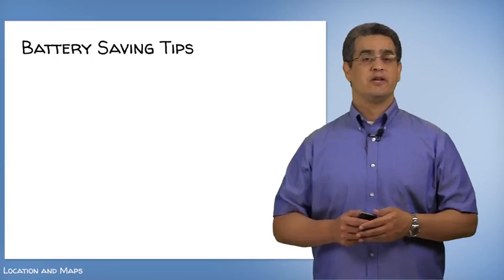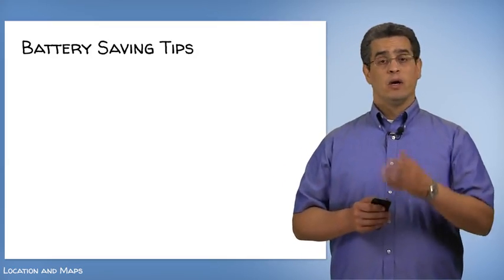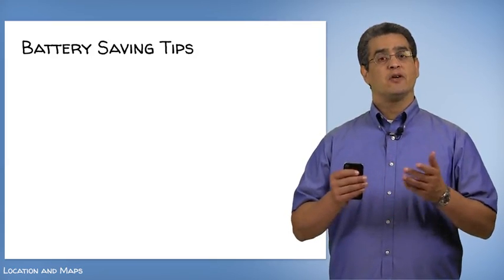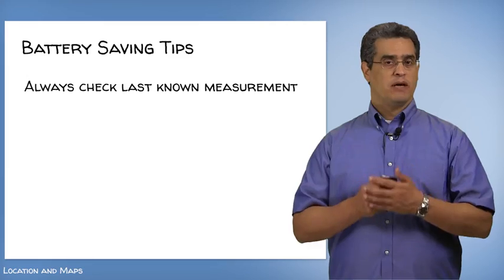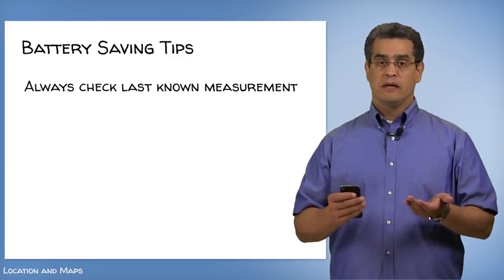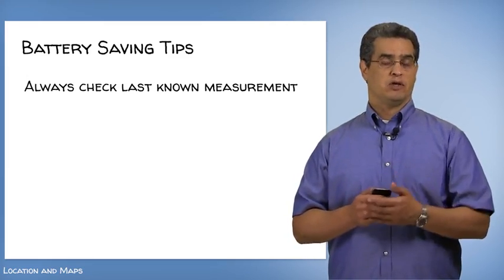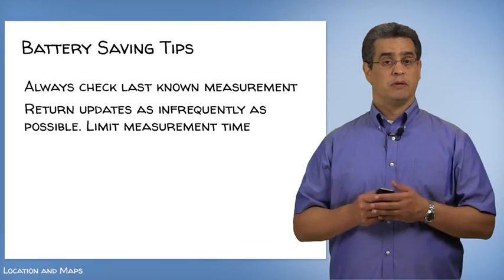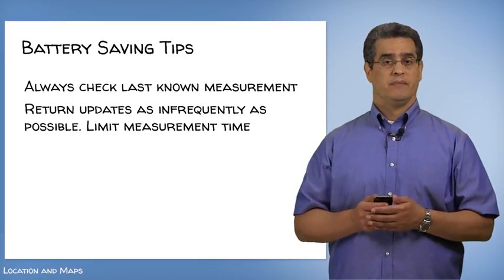Here are some tips you can use to save battery power when you're creating location-aware applications. First, always check the last known measurement. If that's good enough, then there's no need to take new measurements. Return updates as infrequently as possible and limit the total measurement time.